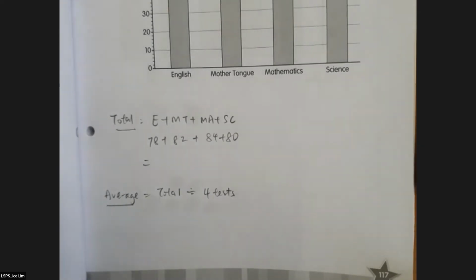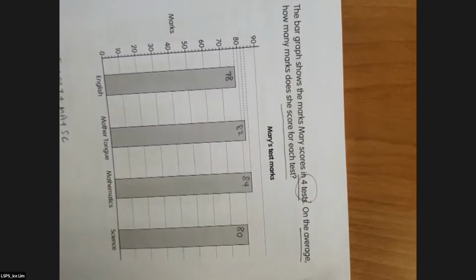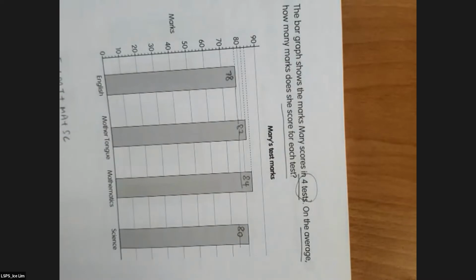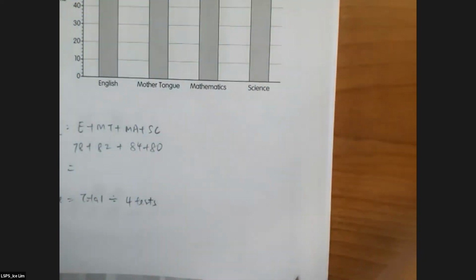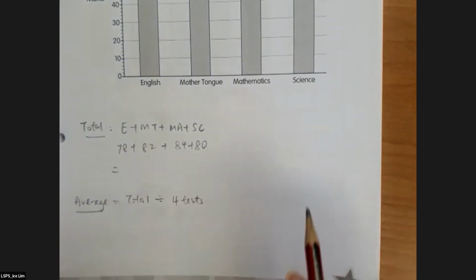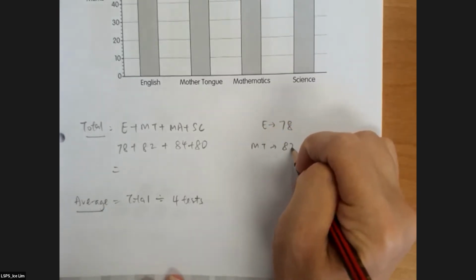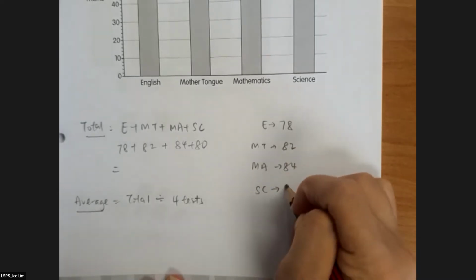Then use the advanced method, if you can understand what I'm saying. I cut the tail. If I chop here, and I share out. Let's say this is method one. So I have English 78, mother tongue 82, maths 84, science 80.